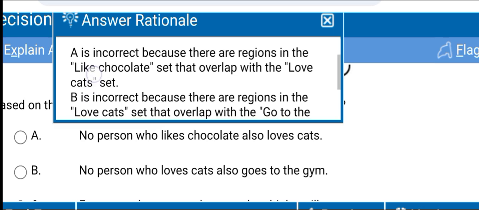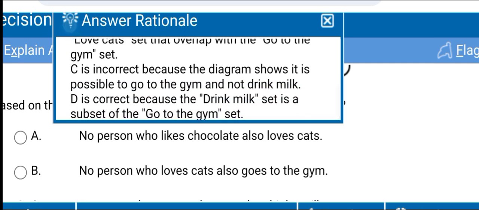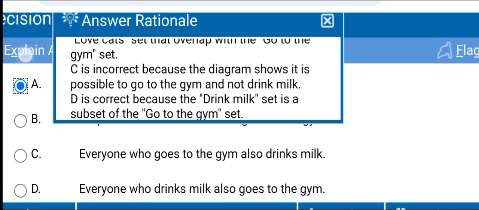B is incorrect because there are regions in the love cats set that overlap with the go to the gym set. C is incorrect because the diagram shows it is possible to go to the gym and not drink milk.